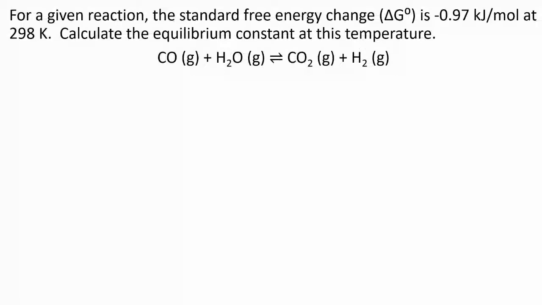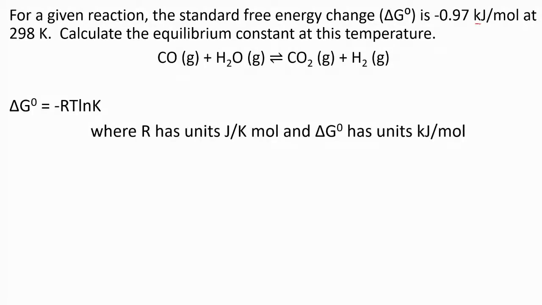So let's do an example with some calculations. Given the reaction below, the standard free energy change, delta G prime, is negative 0.97 kilojoules per mole at 298 Kelvin. Let's calculate the equilibrium constant at this temperature. So delta G prime equals negative RT natural log of K. Now remember, R has units of joules, and delta G is in kilojoules, so we have to do some conversions.